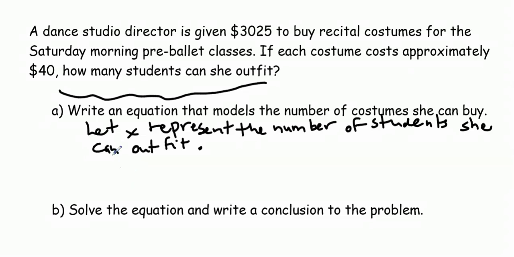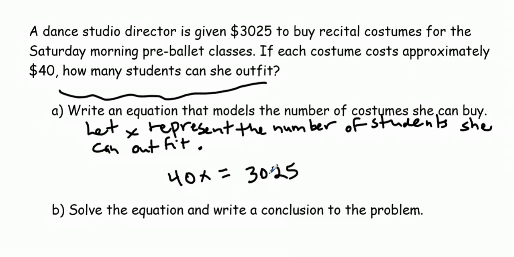Okay, let's come up with an equation involving X that involves the information from the question. So I know that if each costume costs $40 and she has X number of students that she's outfitting, then 40 times X is going to represent the total cost that she's going to spend on the outfits.